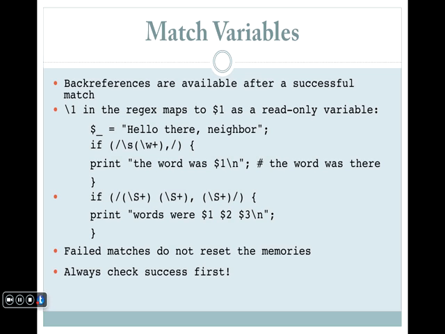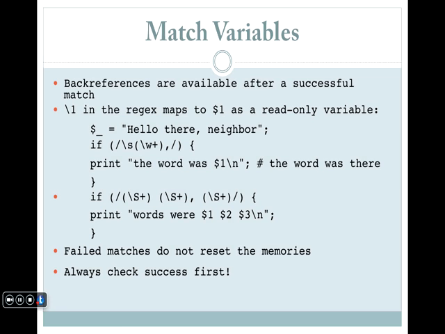What I'm doing here is saying give me the first match in the same string up there, the hello there neighbor, and find me the continuous non-space words. The first one will match the word hello and put it inside the first parentheses, and I can call the variable $1 and bring this word, which is hello.